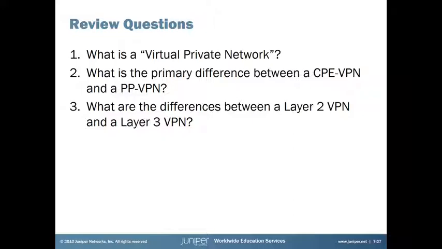And the difference between layer 2 and layer 3 is that with layer 3 the routing is handled totally by the provider, whereas with layer 2 the routing is handled by the customer, and the provider is just providing the connectivity, the circuits between the customer sites. Alright, so just a bit of an overview of VPNs.